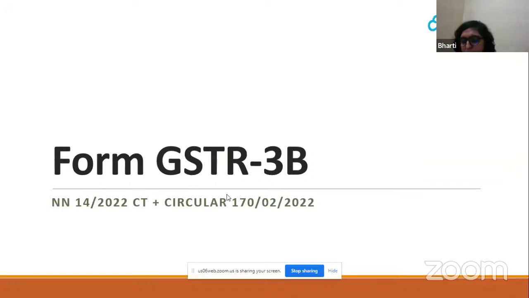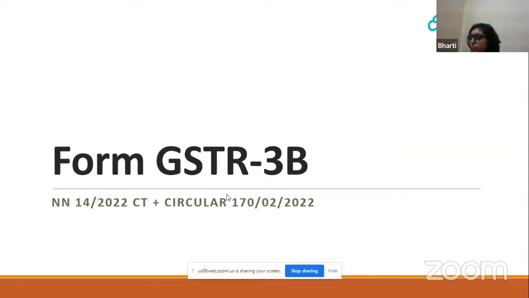There is a proviso: the government may, as per the recommendation of the council, notify certain classes of people who can file the return quarterly. Everybody must have heard of QRMP, that is quarterly return monthly payment. Those people whose turnover is below 5 crore can opt to file the GSTR-3B quarterly.